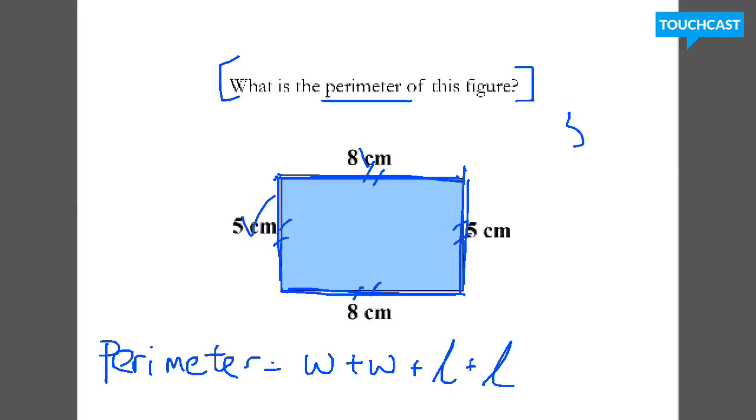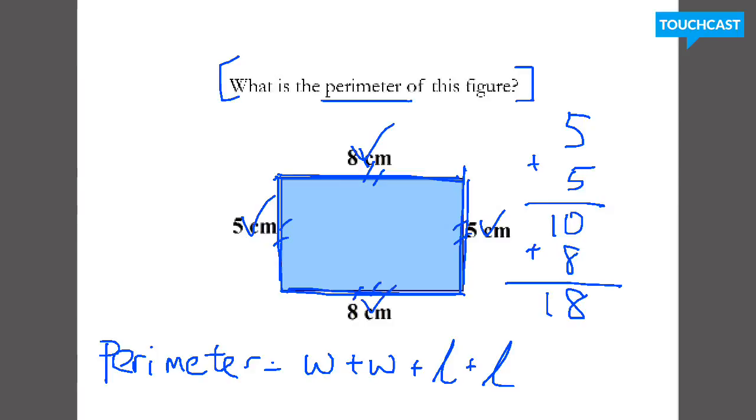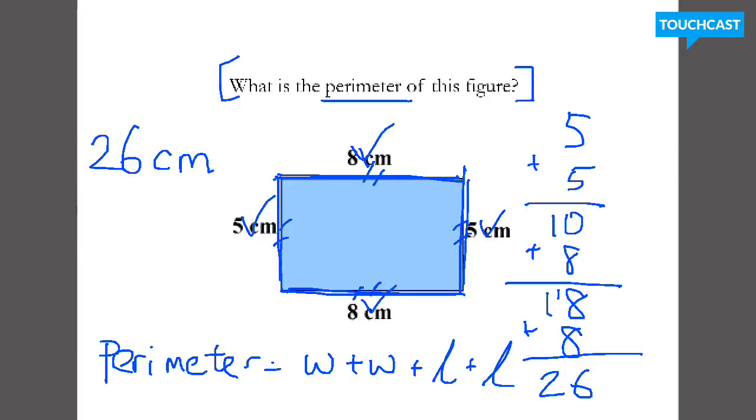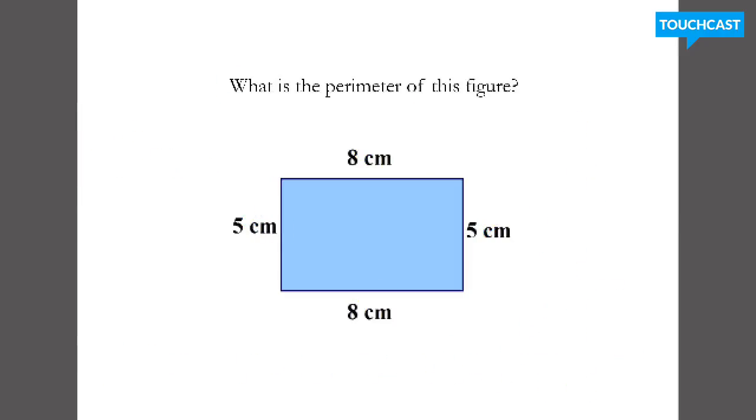Width, 5, plus width, 5, equals 10, plus length, 8, 18, plus the last length makes 26. So the total perimeter is 26 centimeters. Alright, let's make this problem a little bit different.